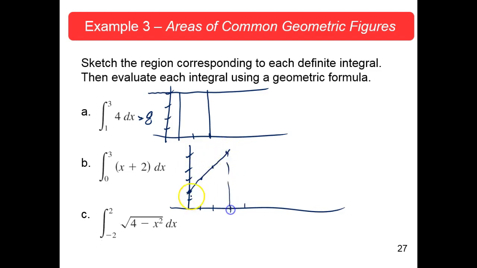Okay, you're going from 0 to 1. Now that's what we call a trapezoid. Remember that one? Two parallel sides and two sides that are not parallel. How we determine the area of that is by taking it and flipping it across the diagonal.